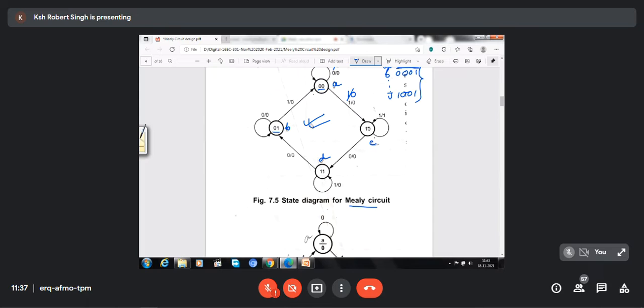Now, in the same state diagram, a state table is required for this. State table, okay, state table is required. Be careful, in the sense, look carefully. A is 0 0, B is 0 1, C, D, everything is okay.